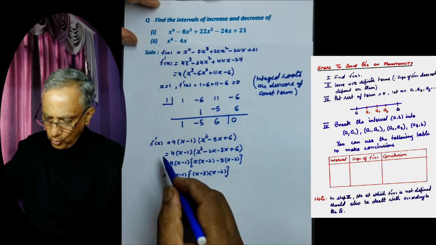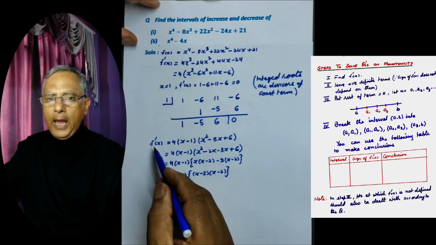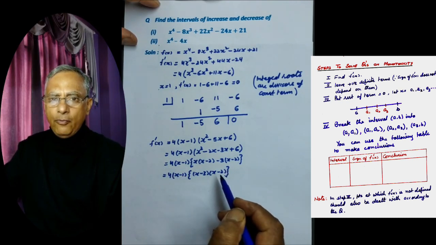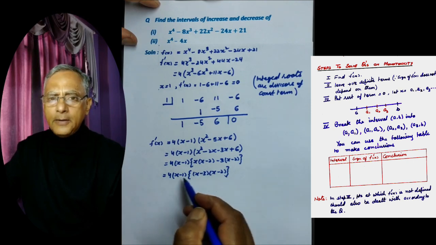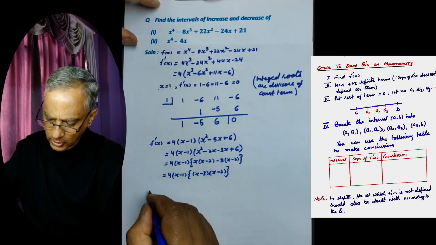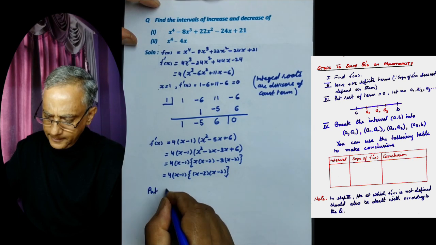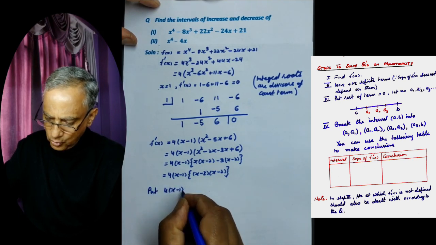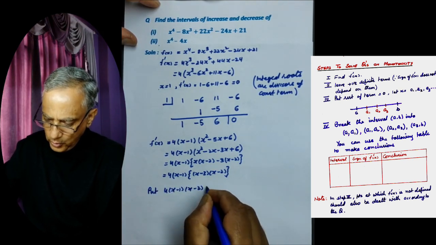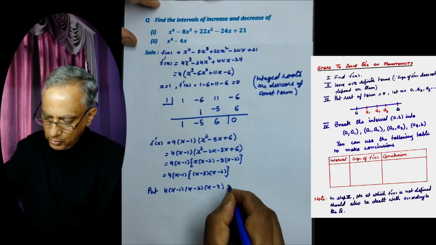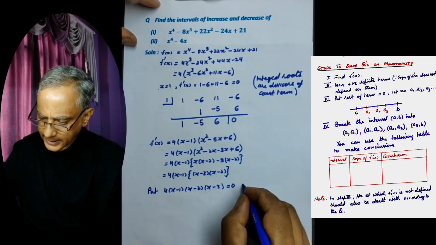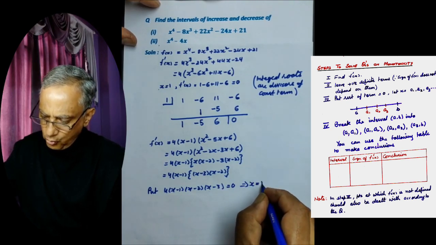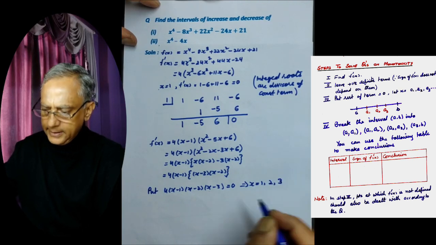Now what we do is leave any positive definite factor. There are no positive definite terms, so we will put this equal to 0. Put 4 into x minus 1 into x minus 2 into x minus 3 equal to 0. We get x is equal to 1, 2 and 3.